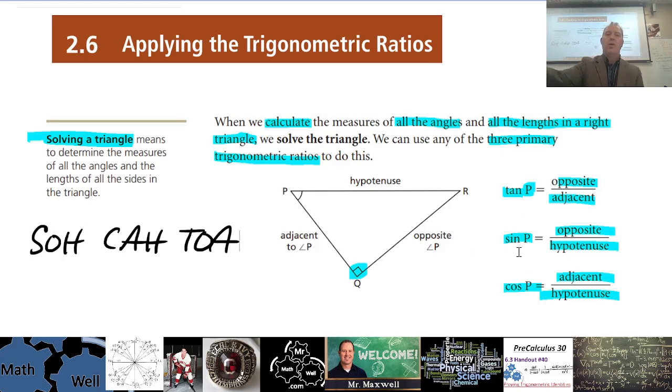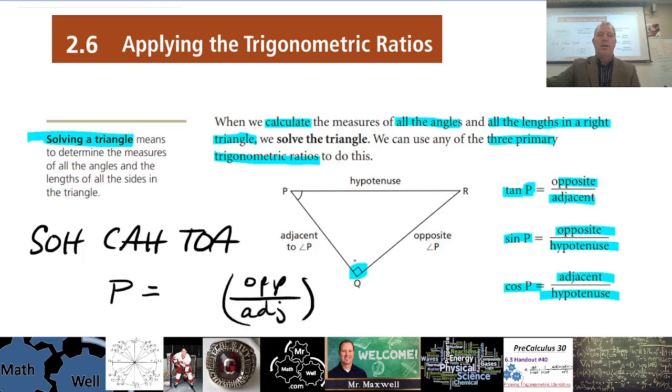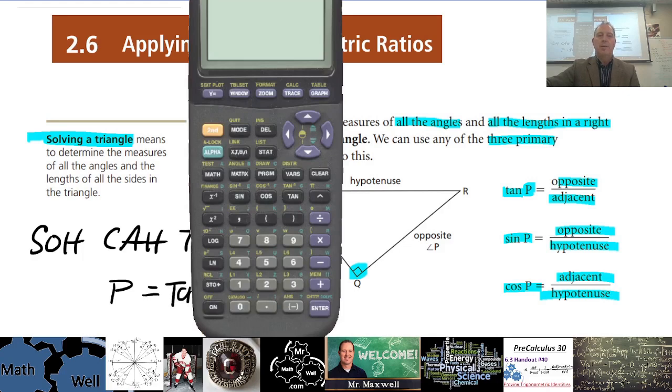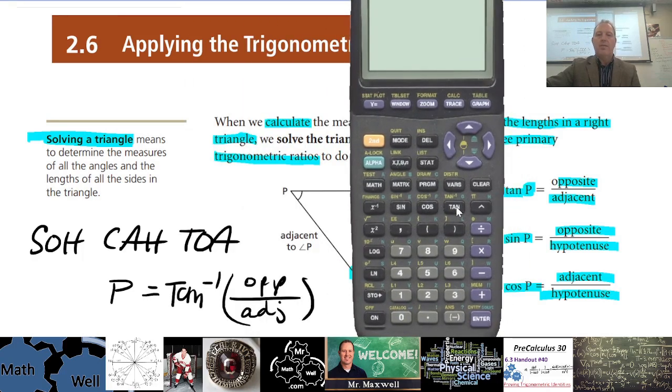That gives us a clue about how to use those ratios. If we want to find an angle, for example angle P, and we're given the opposite side and the adjacent side, that's OA, that's tan, so I do tan to the -1 on your calculator. That's the second function on the tan button.